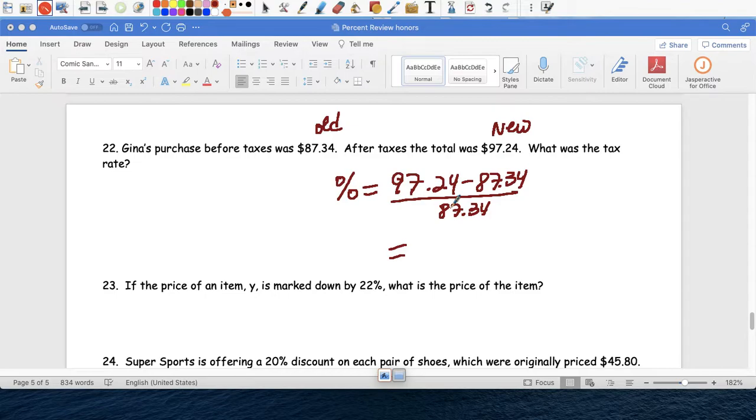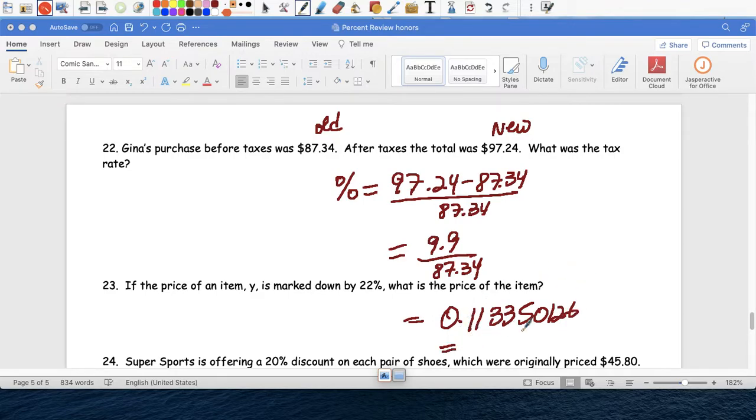So let's do that. 97.24 minus 87.34 equals 9.9. And if you divide by 87.34, we get 0.11335, etc. We're not going to need all those. So we change that to percent.